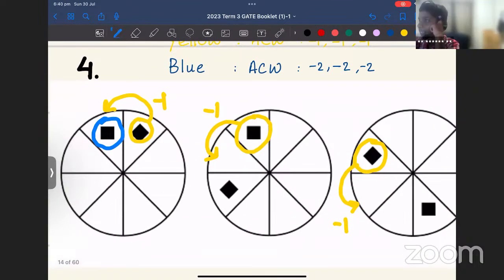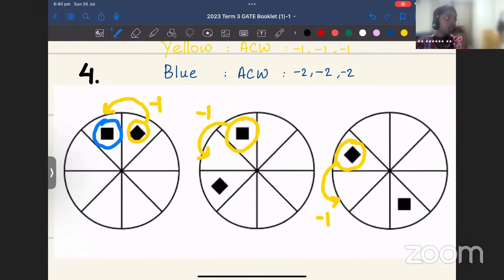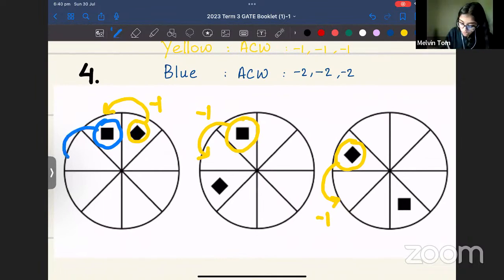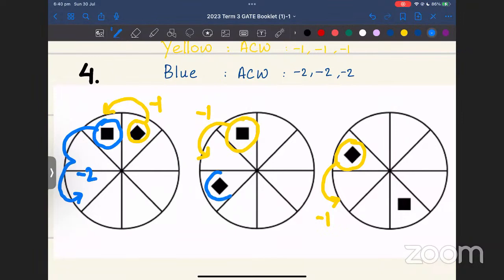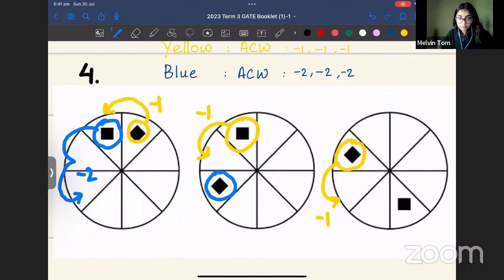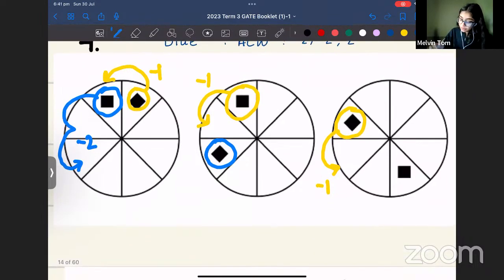Now we have the blue square. The blue square is moving 1, 2, -2, all the way here. From there, it's moving 1 and 2, -2, which ends up right here.